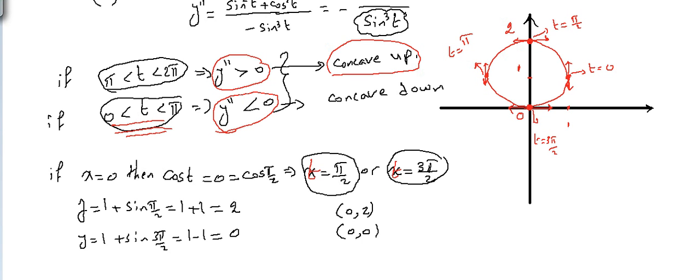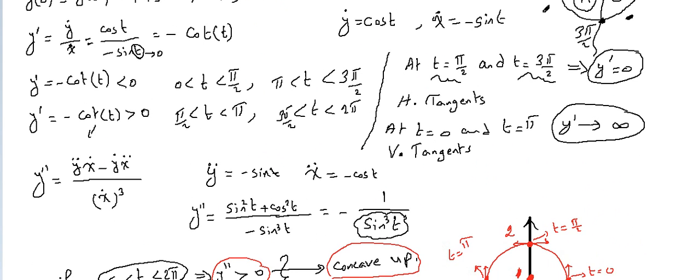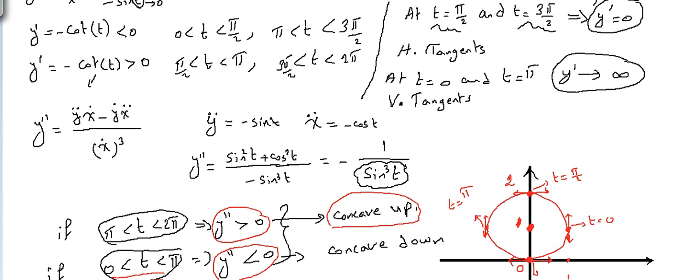Also, you can check, it's a circle, a trigonometric circle, with center at the point between 0 and 2, which is abscissa 0, ordinate 1. Look at the derivative again. The derivative was positive when t is between pi over 2 and pi, in the second portion, and between 3 pi over 2 and 2 pi, in the fourth portion.